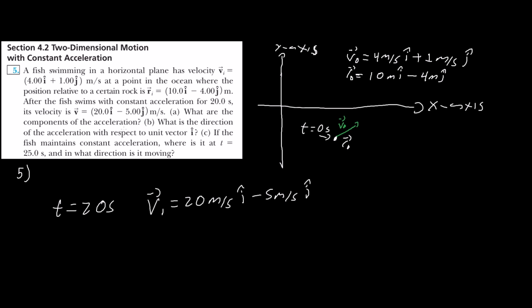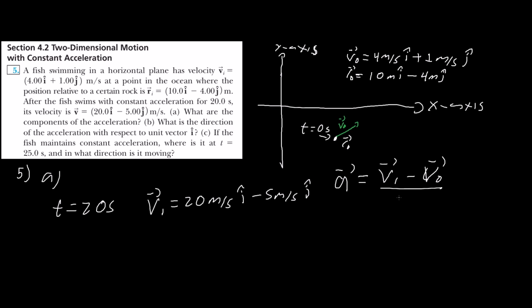Beautiful, folks. So that's the final velocity at 20 seconds. Now the question is asking for part A, what are the components of the acceleration? Well, in order to get that, the acceleration vector is really just going to be the final velocity minus the initial velocity divided by the course of 20 seconds.